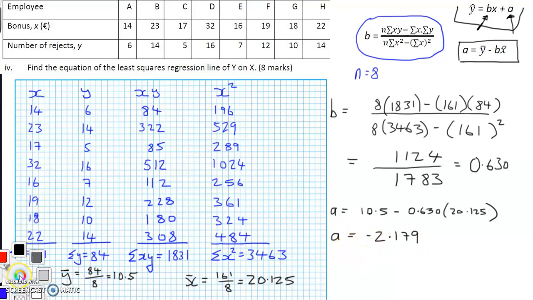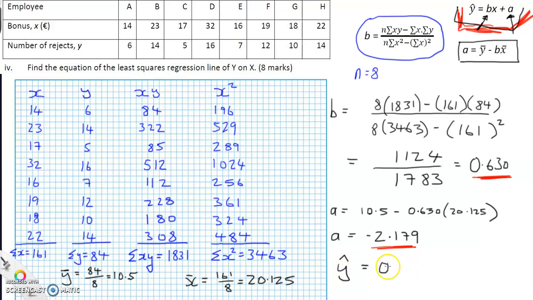So I'll just switch to red. So our bits and bobs, right? b is there, this is a, and our answer, the equation of the least squares regression line, this is the format for it up here in red. So our final answer is going to be written like this: y hat, our predicted y value, equals b times x.